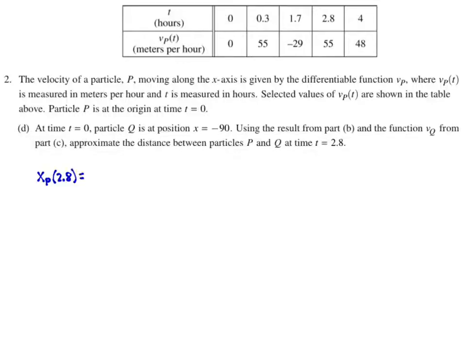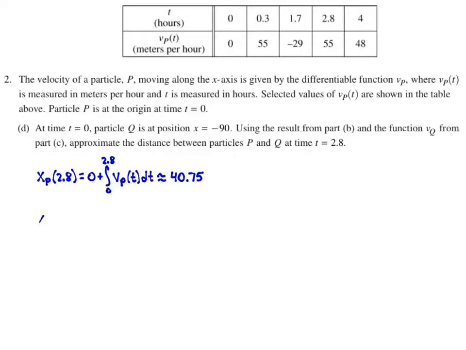And so the position of particle P, we'll call it x of P, at t equals 2.8 is, well, we knew that particle P was at the origin at t equals 0, so it's going to be 0 plus the integral from 0 to 2.8 of the velocity of P. So this is giving me my position of particle P, initial position plus displacement. I already did the work to estimate the integral from 0 to 2.8 earlier, and that was 40.75.